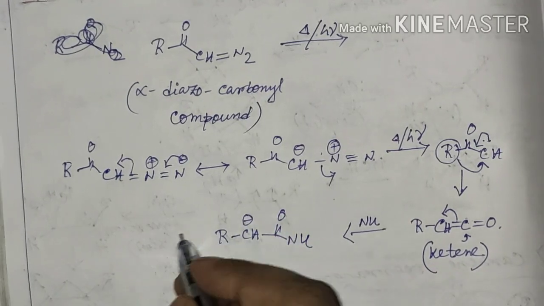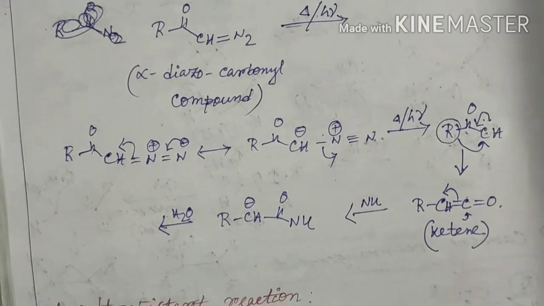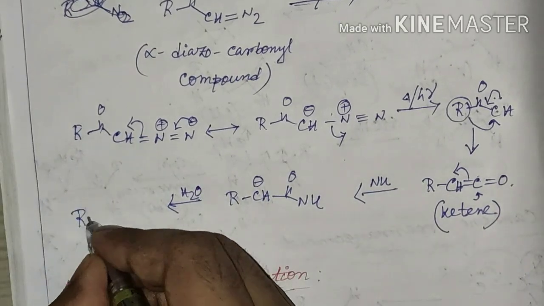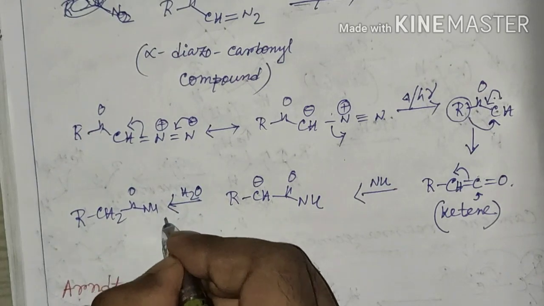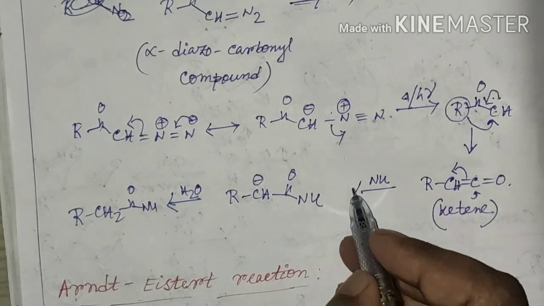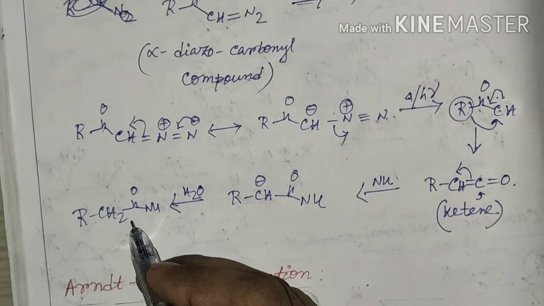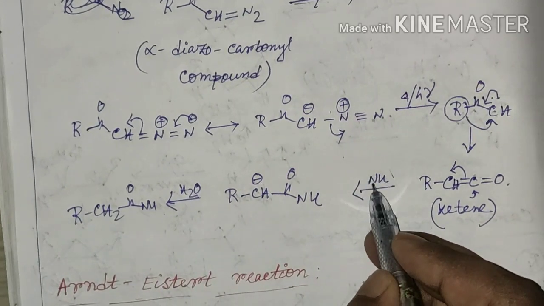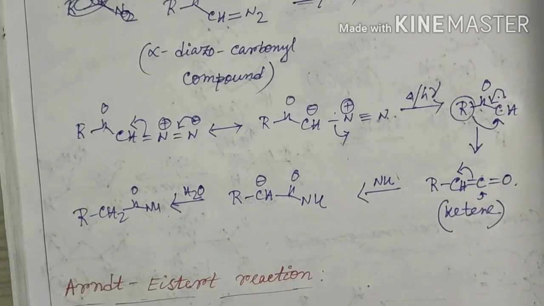That anion will get protonated by water or a proton present in the reaction medium and form such a species. If the nucleophile is water, then the final product will be an acid, and if it is alcohol, then the final product will be an ester. Is it okay?